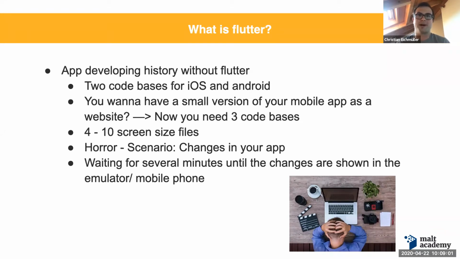Another point of what I had to do before Flutter is whenever there was a change within the app, and it couldn't be just a small change. For example, you need to change a text and you weren't smart enough to variabilize it in a string folder. You had to go into every layout and had to change the text. And after you changed it, you had to reload the emulator and check if the change broke the layout.